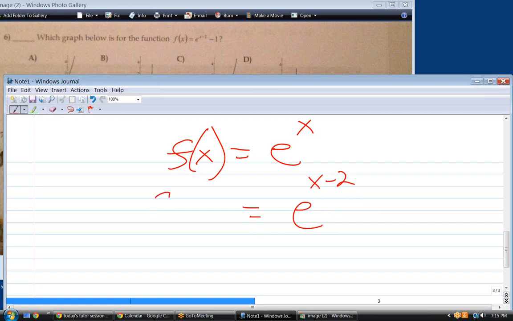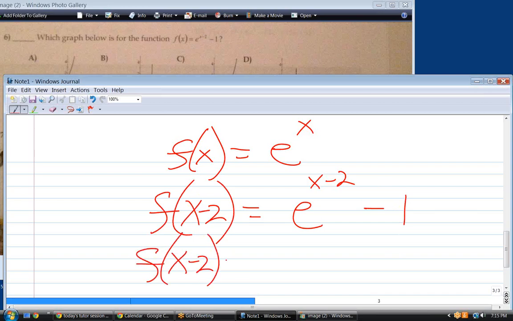That would have to be f of x minus 2, right? Yeah. And minus 1 would be f of x minus 2 minus 1. Would be e to the x minus 2 minus 1.